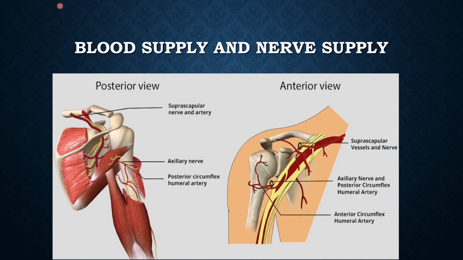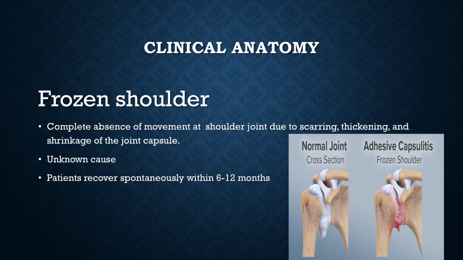Coming to the clinical anatomy. Basically, writing about the clinical correlations in any topic of anatomy is very important from an exam point of view, right? So, about the clinical anatomy of the shoulder joint, we're going to study firstly the frozen shoulder, right? So, what is a frozen shoulder? In frozen shoulder, we have complete absence of movement.